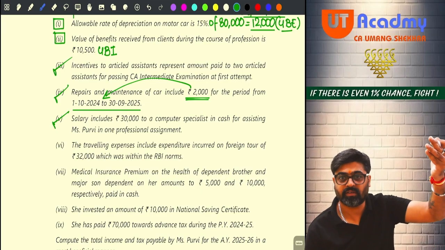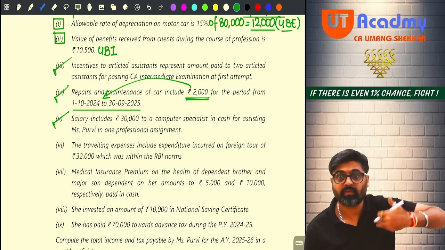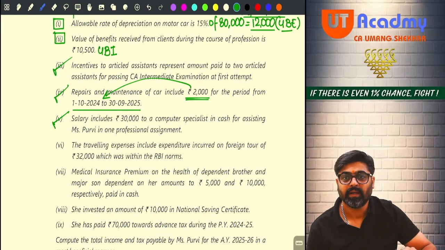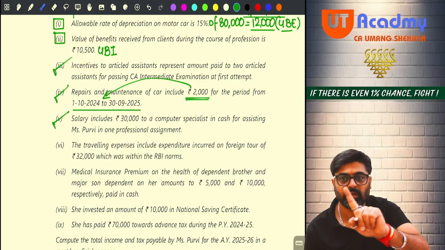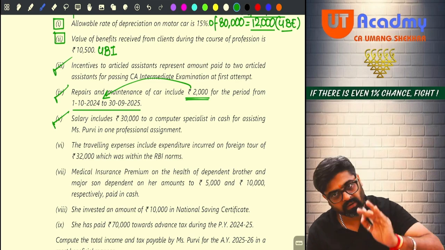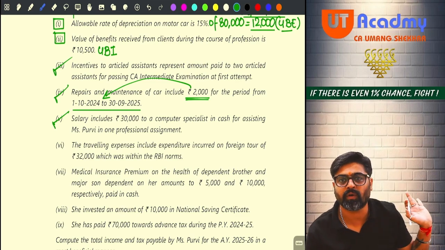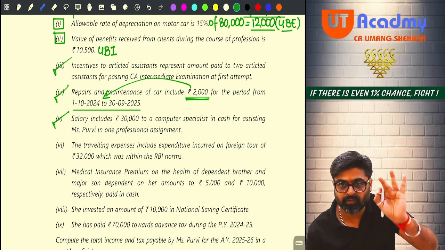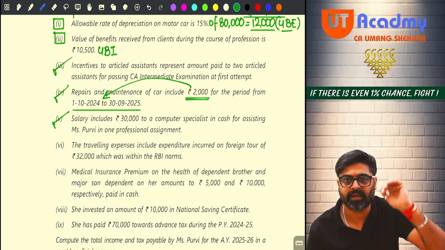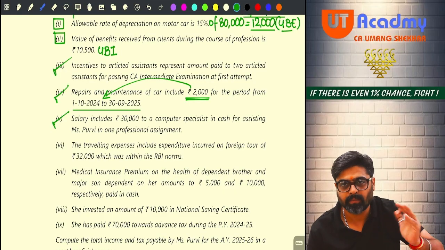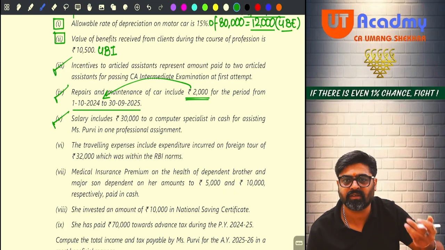To give services to my client, I would have done this foreign tour. Till the time they are not telling me that the foreign tour was personal, I will consider this as a professional foreign tour only. And on my professional foreign tour, I am spending 32,000. Is it my business related expense? Yes. And the balance traveling expense is also my business related expense.